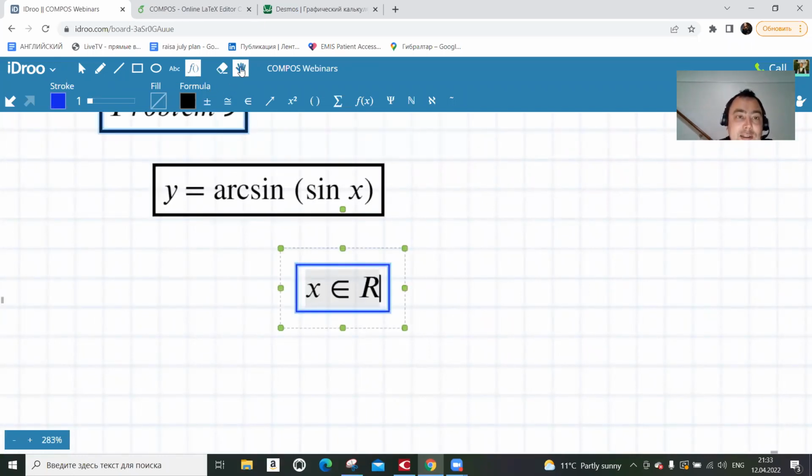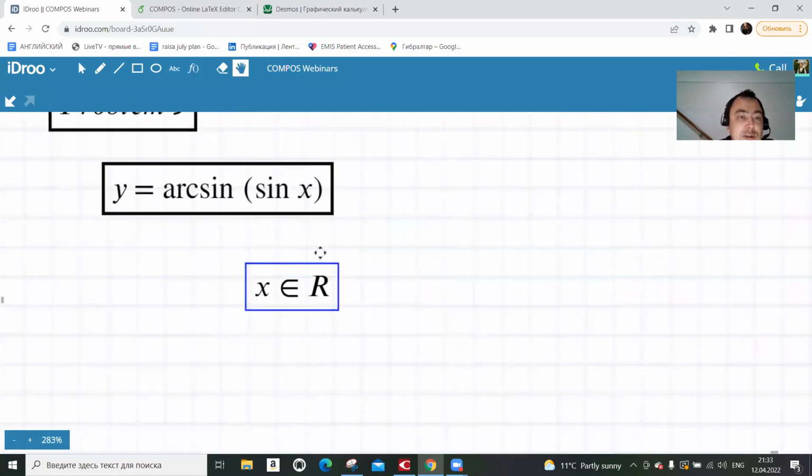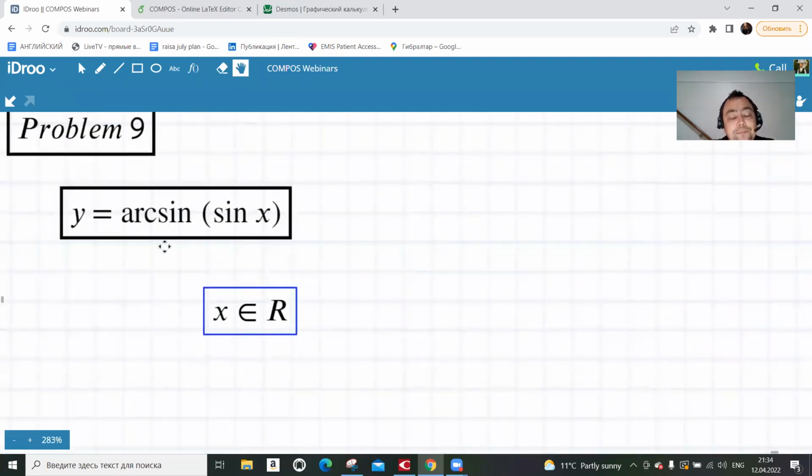But on the other hand, the range is going to be between minus pi/2 and pi/2 because of arcsine.